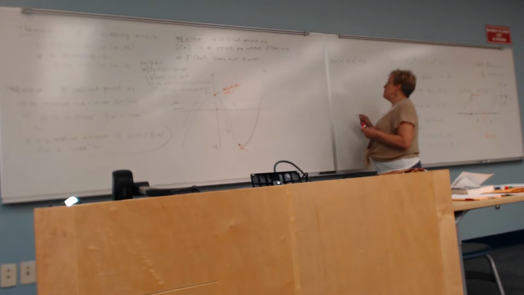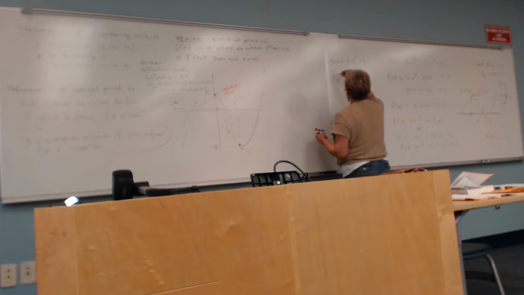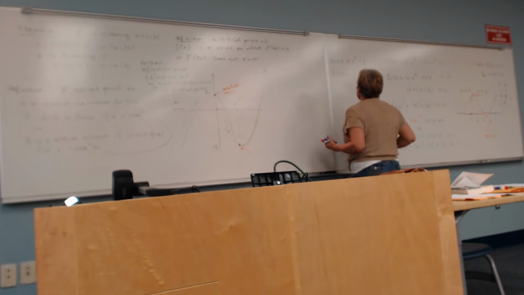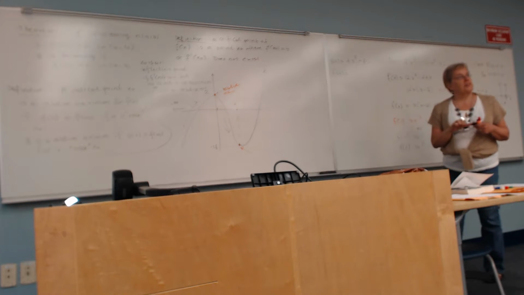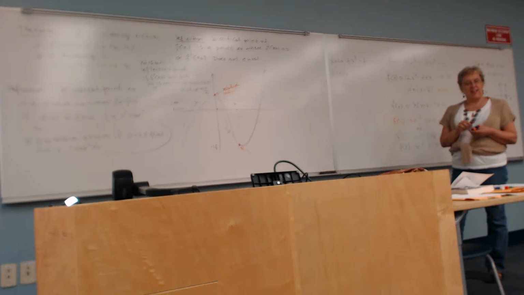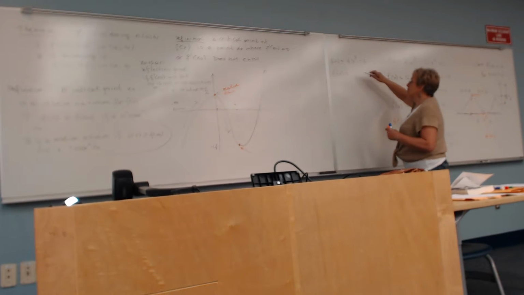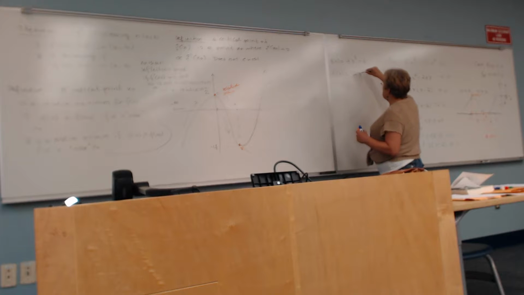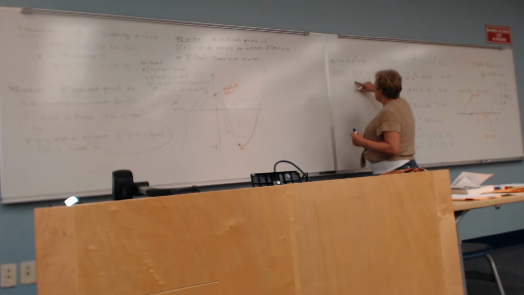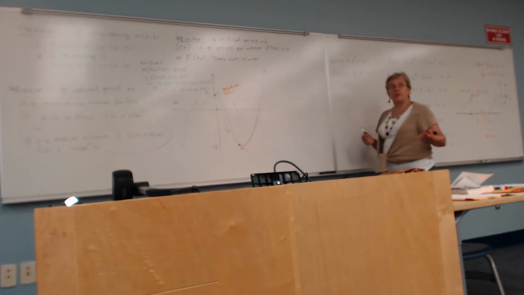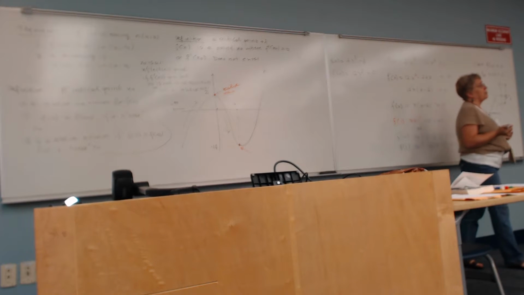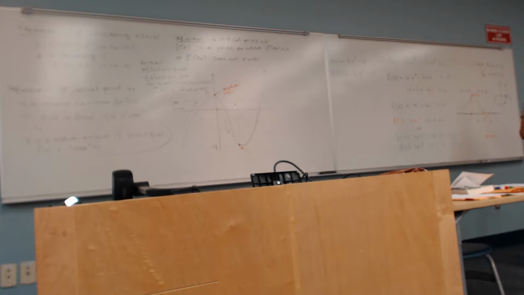So now we do the derivative. It's 12x squared, right? So when is the derivative 0? At x equal to.